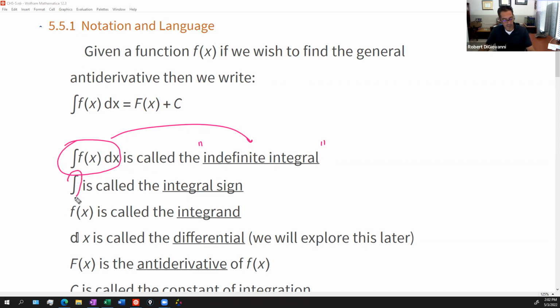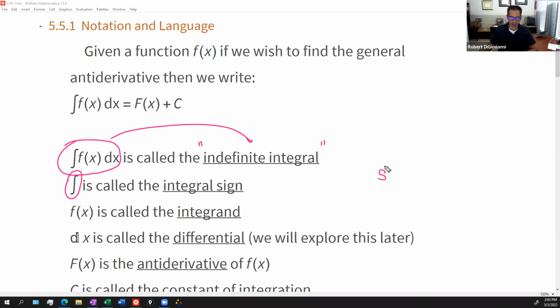That symbol in the front, think of it like the letter S that's been stretched out vertically. It actually comes from an idea that I'm not going to be able to get into in this class, where this has to do with summations, and in Cal 2, I will get into it. If you're in my class, I will talk about it.